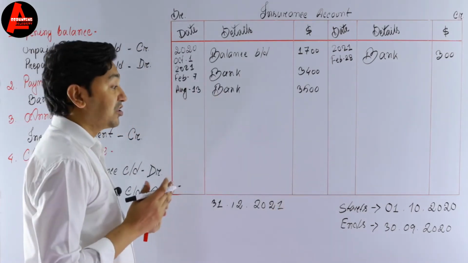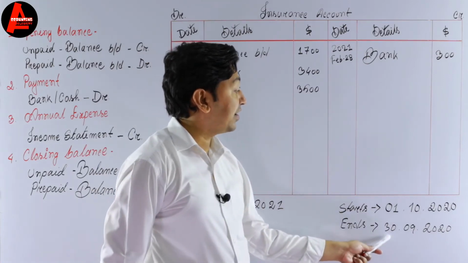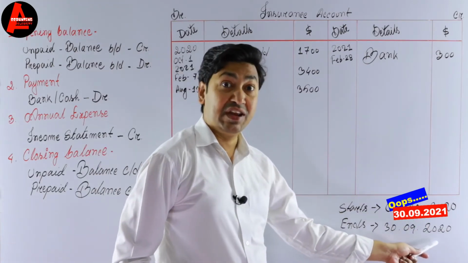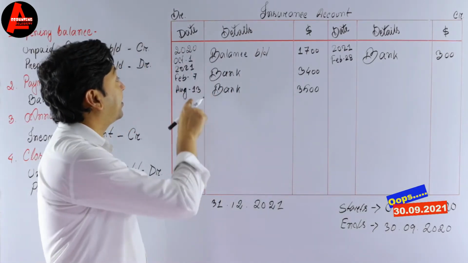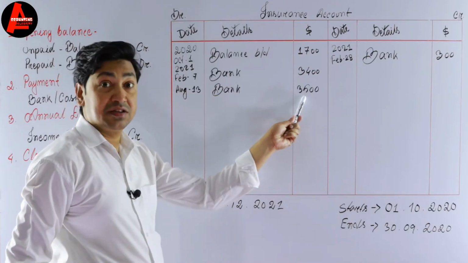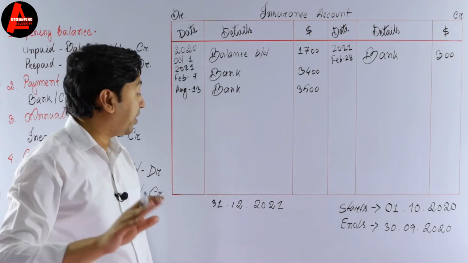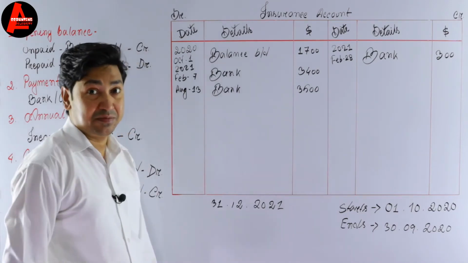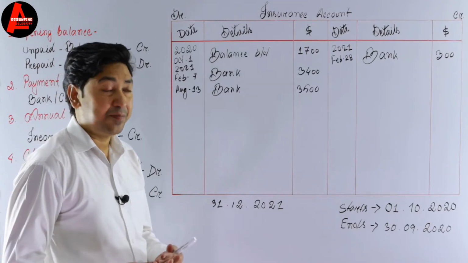Here our financial year ended on 30 September 2020, but the insurance which is paid on 13 August, the amount is $3,500. This amount is paid for 5 months, will cover until 31st December. Okay, so it is a payment in advance.